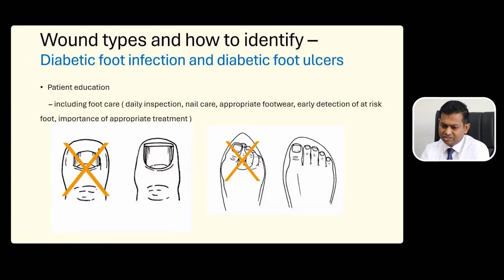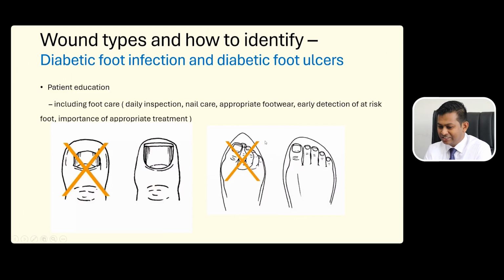Okay, so what to tell the patient? So foot care is important. Diabetic patients, no fancy nail cutting like this. It has to be straight and safe. Fancy shoes, yes, but make sure that there's adequate space, not something like this.